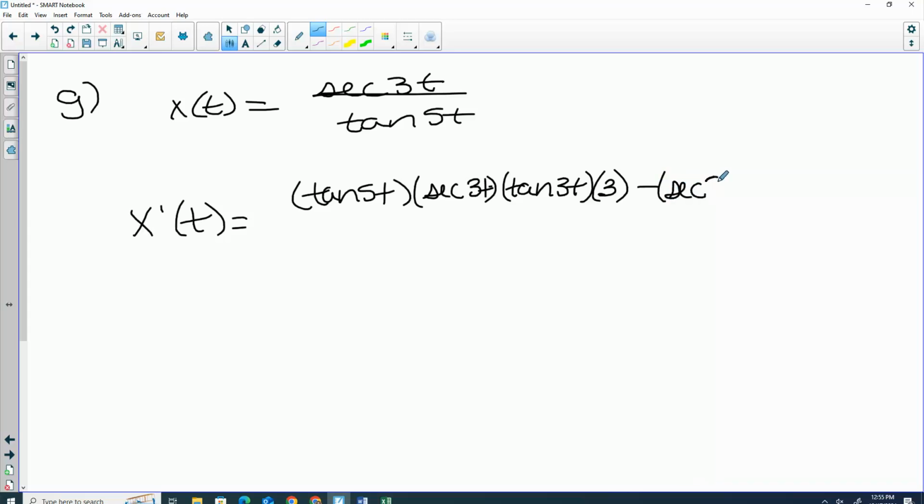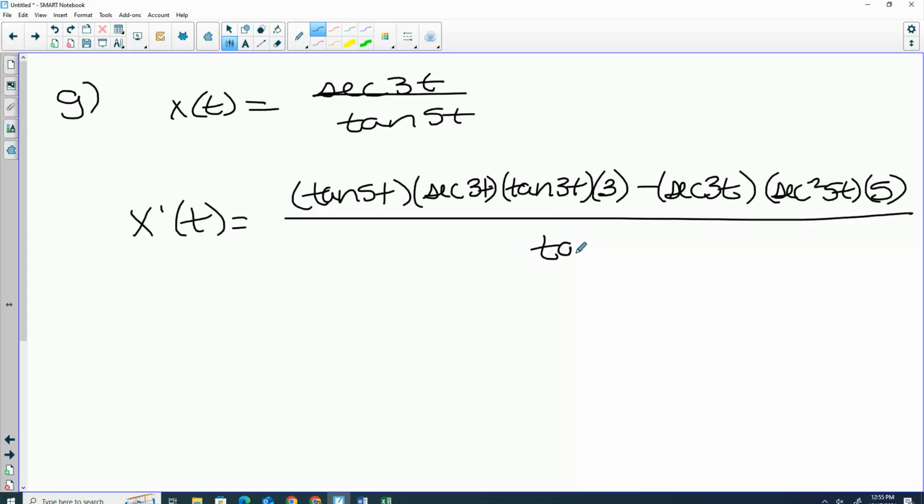We need more. Minus high, d low. What's the derivative of tangent? Secant squared. Angle stays the same, times derivative of the inside is 5, over low squared.